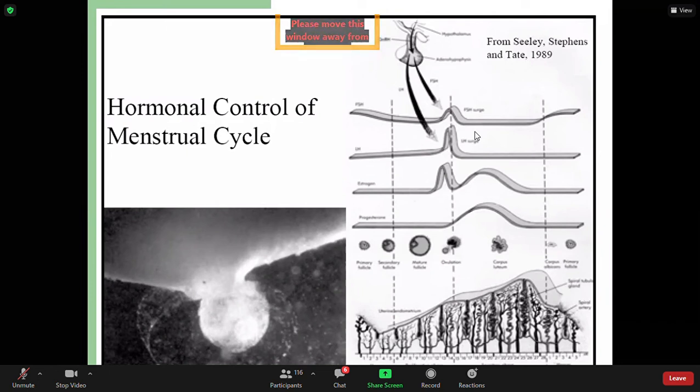What is that extrusion of the ovum called? Yes, Doc. What is it called? The extrusion of the ovum during the 14th day. Follicular phase.